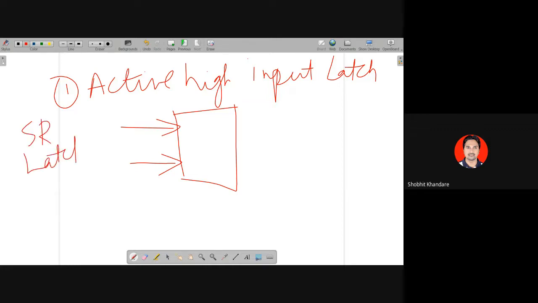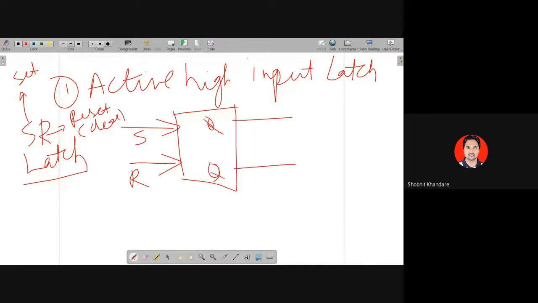S stands for set and R stands for reset. Reset or clear, you can say either. So one input is S, the other input is R. Similarly, you will have outputs Q and Q bar.